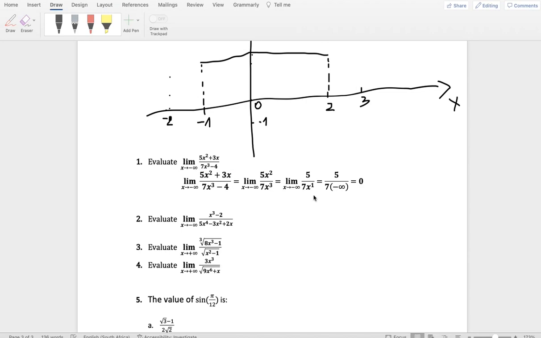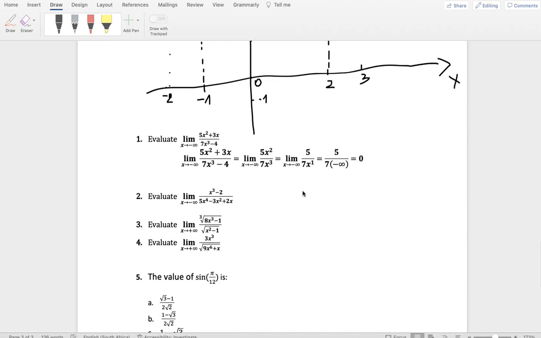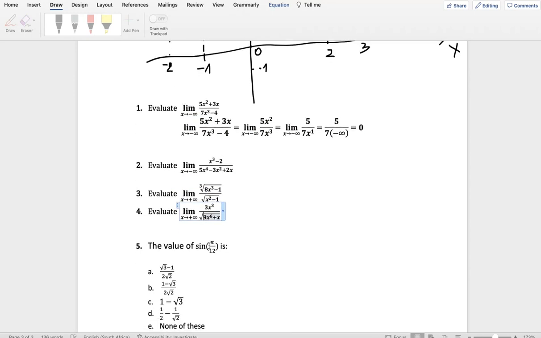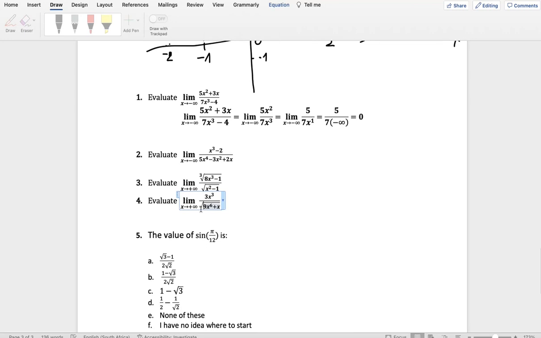So for the other problems, it's basically the same thing that we just did here. You do the same for this problem, that problem, and the other one. Don't be worried about the square roots and stuff; the same logic applies.